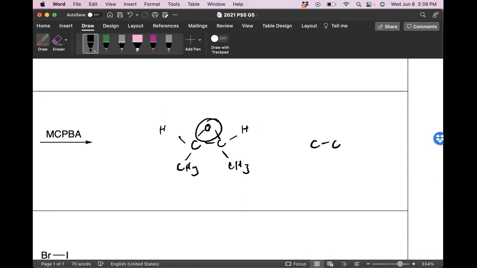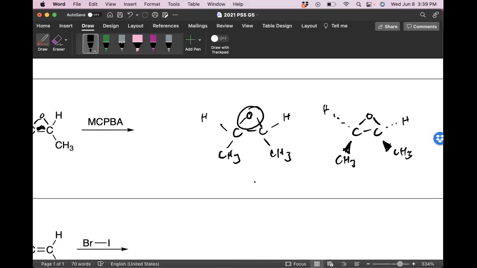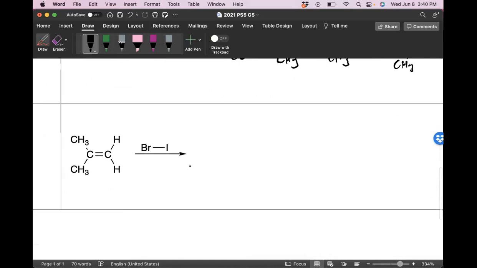So the most correct answer would denote all of these in a more 3D connotation. Another way we could accept it is if you just wrote that this is all cis to each other, we would accept that, just so you know, like they're on the same side.